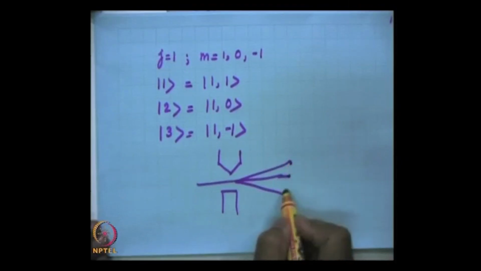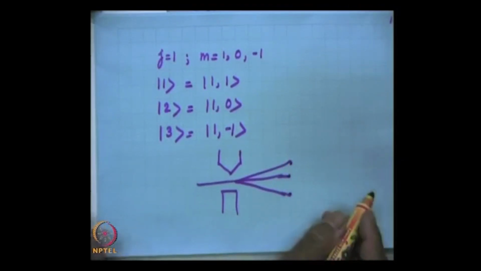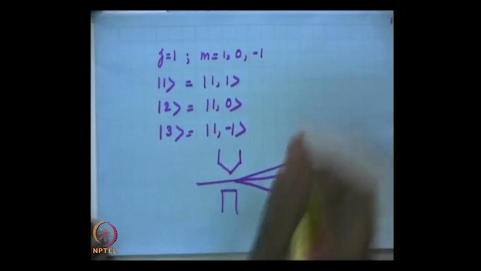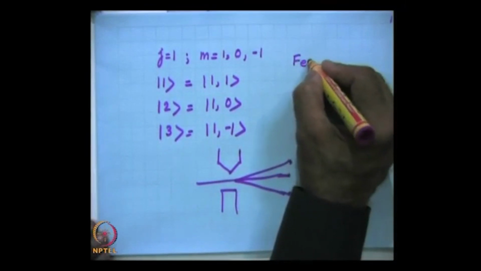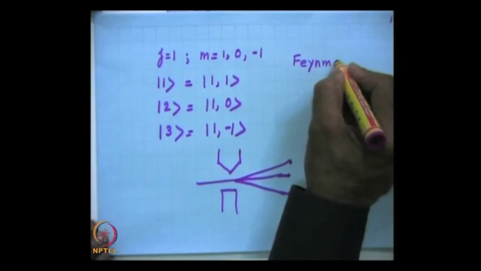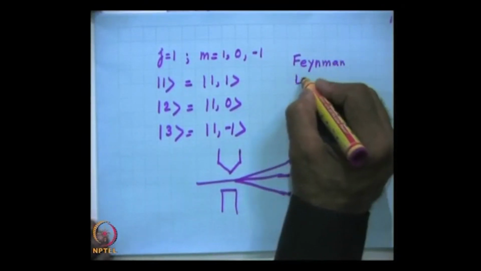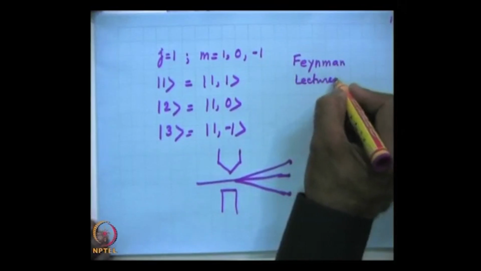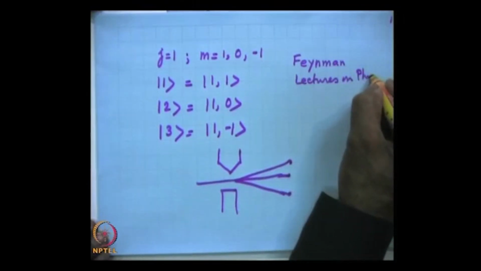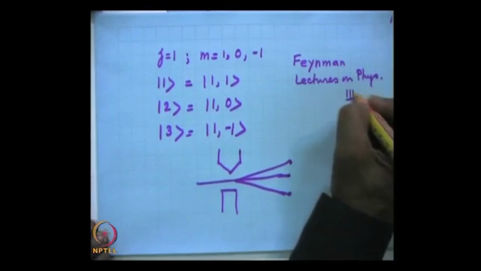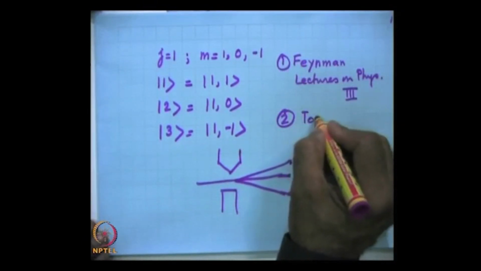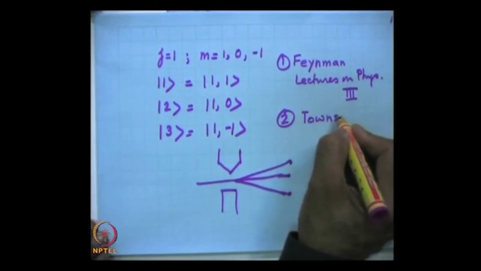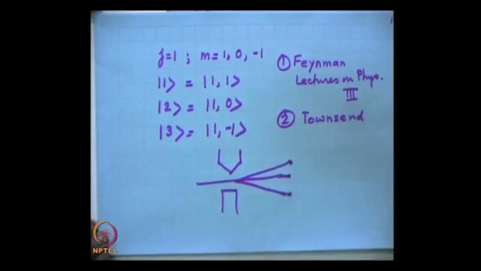This type of experiment is very nicely discussed at many places, but I have come across it in the Feynman Lectures on Physics, volume 3, very beautifully discussed, and also in a book by Townsend, A Modern Approach to Quantum Mechanics.